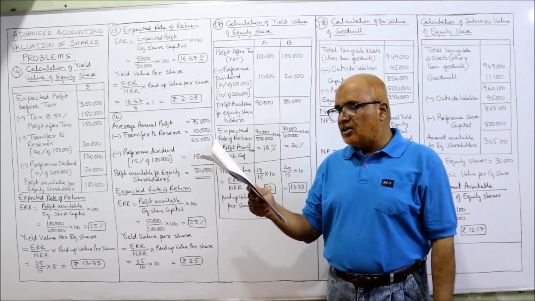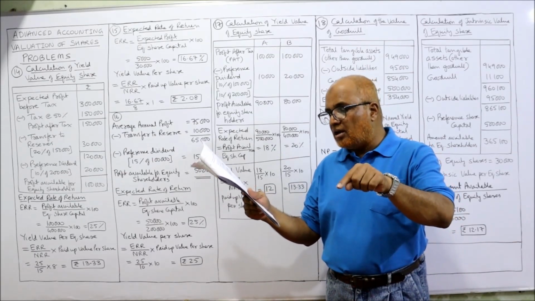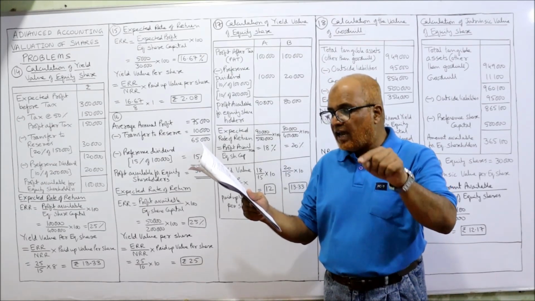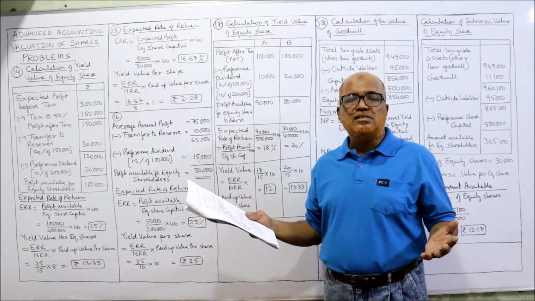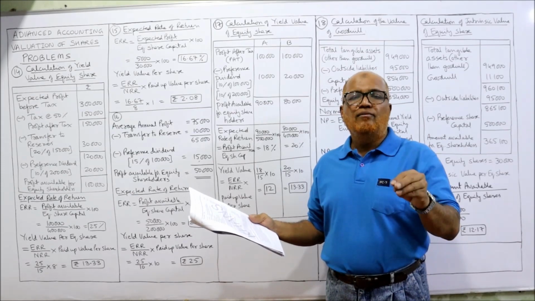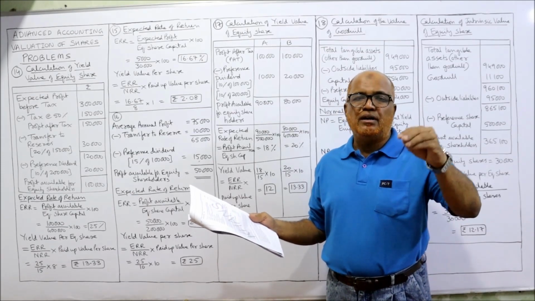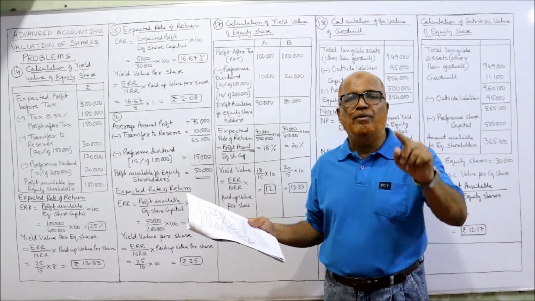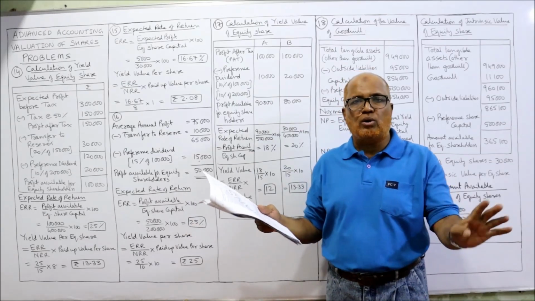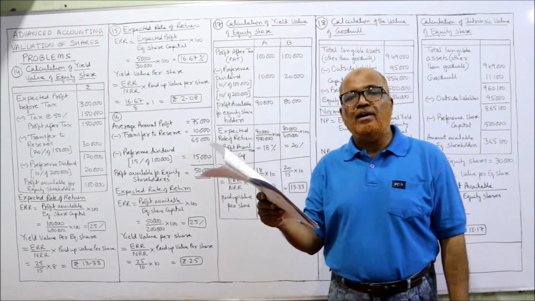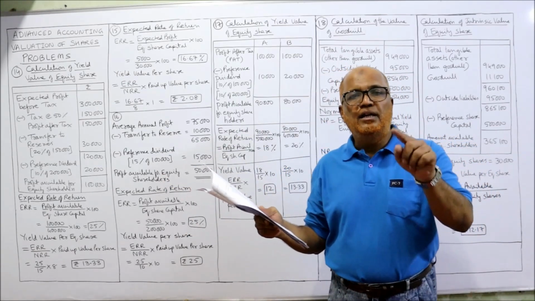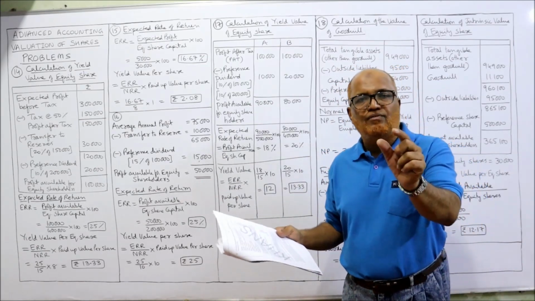It is considered necessary to transfer 10,000 to general reserve before declaring any dividend. So it is the custom in the company that every year 10,000 rupees will be transferred to general reserve before declaring any dividend to shareholders. So from 75,000 we deduct 10,000, giving 65,000.